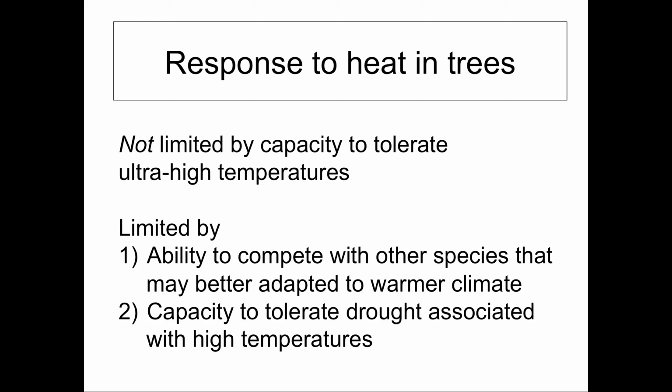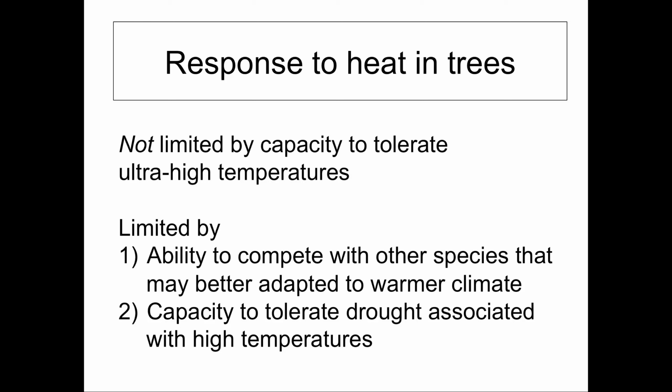So for trees, actually, the response to heating isn't really about the capacity to tolerate ultra-high temperatures. Ultra-high temperatures are rare, especially those that cause physiological dysfunction. Physiologically dysfunctional temperatures are around 45 to 60, which you basically only get in the hottest of hot deserts, and trees don't occur there.